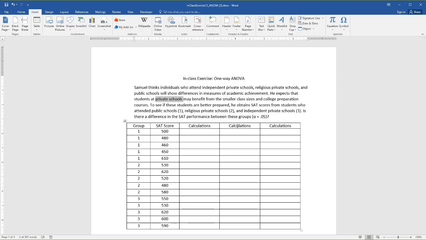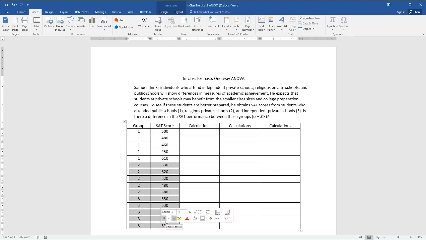So it would actually possibly be more appropriate, given the way that he's worded this, to combine groups 2 and 3 into one larger group and then do an independent samples t-test. And if you do that, and you have all the skills you would need to do that, you would actually find that the independent samples t-test from this data, by combining groups 2 and 3, is actually significant.